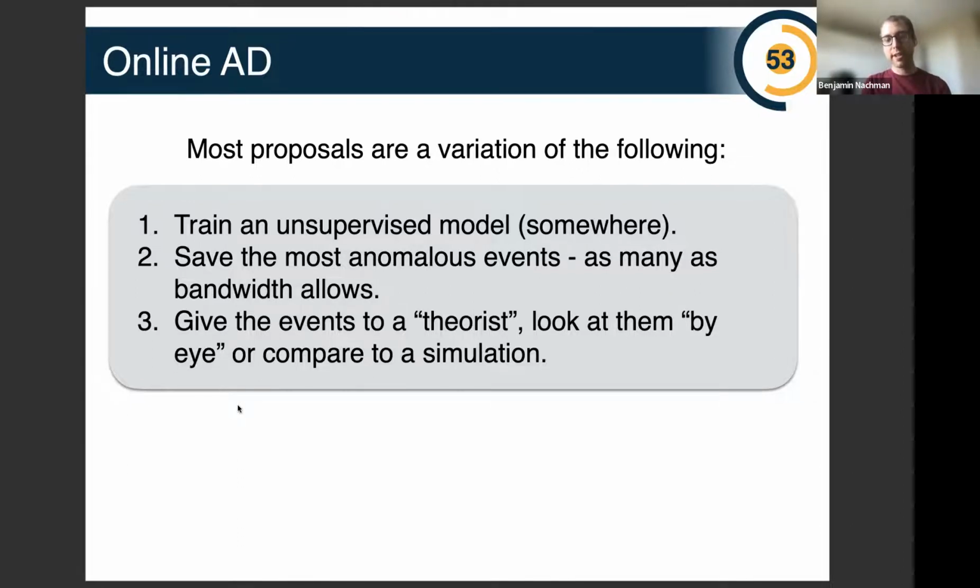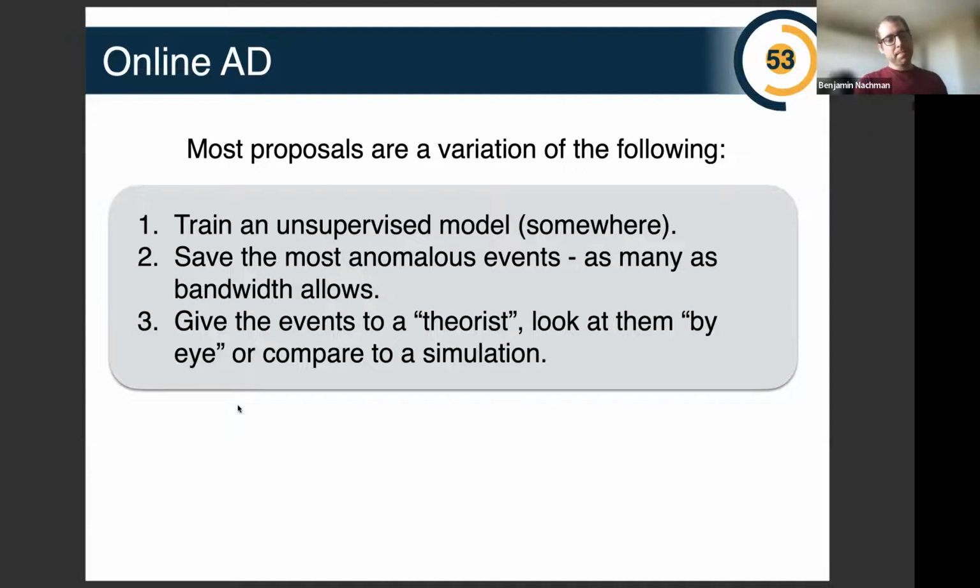It could be trained on data that's already been collected. It doesn't really matter, because the point is that autoencoders or other unsupervised methods, they don't necessarily get better for anomaly detection if you add more data. Of course, they'll be better at doing density estimation if you add more data, but density estimation and anomaly detection aren't always aligned.